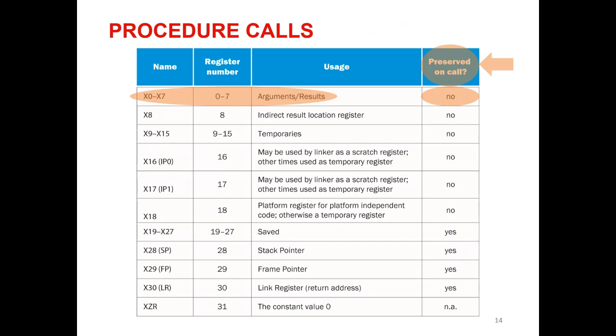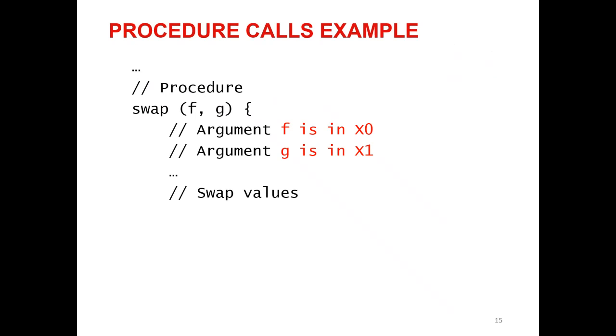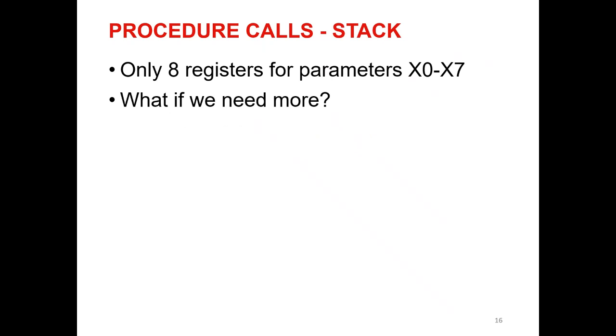Here I have said that we have only 8 registers for inputting and outputting data to the procedure. So what happens if I need more than 8 registers? Then I need to use the stack, which I think is the topic that is most confusing here.